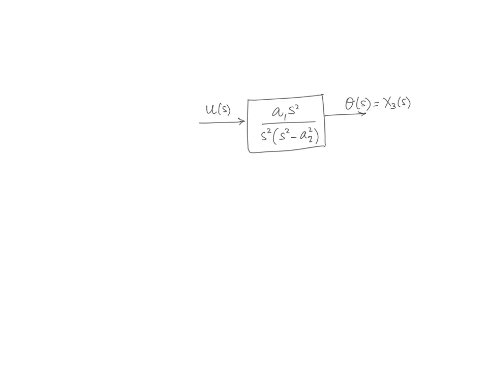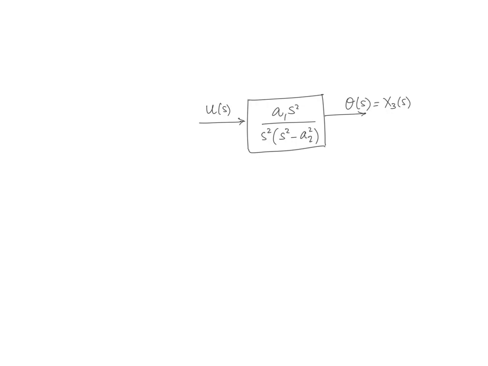In fact the s squareds cancel out, so this works out to a second order system. The s squared in the numerator cancels with the one in the denominator, and you just get a1 over s squared minus a2 squared. The constants a1, a2 depend on the numerical values, and I'll leave that for you to figure out.